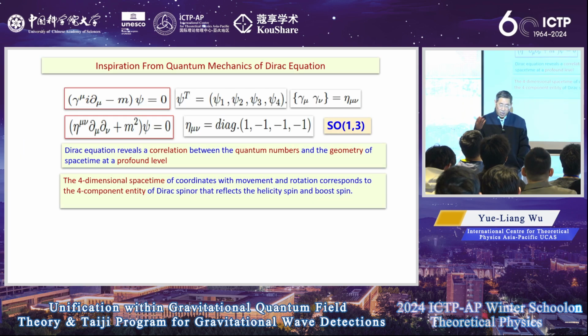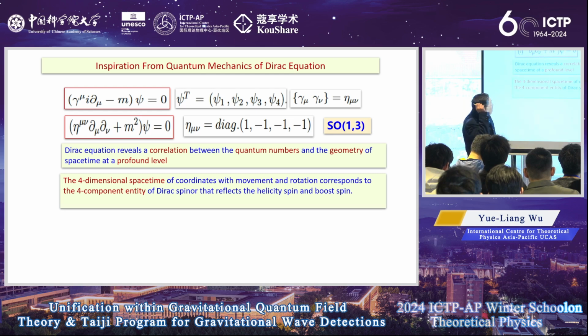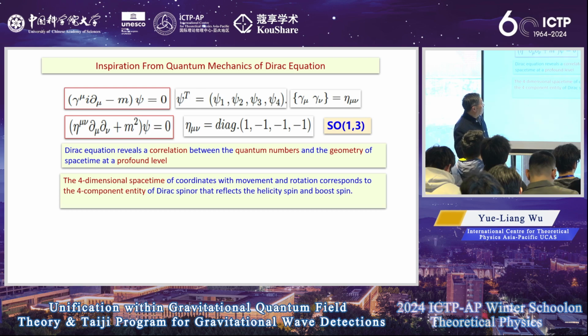The idea now is very simple. With this gravitational quantum field theory framework, as I already emphasized before, the Dirac equation gave us some intuitive ideas. The Dirac equation provides a correlation between quantum numbers and the geometry or dimension of space-time.